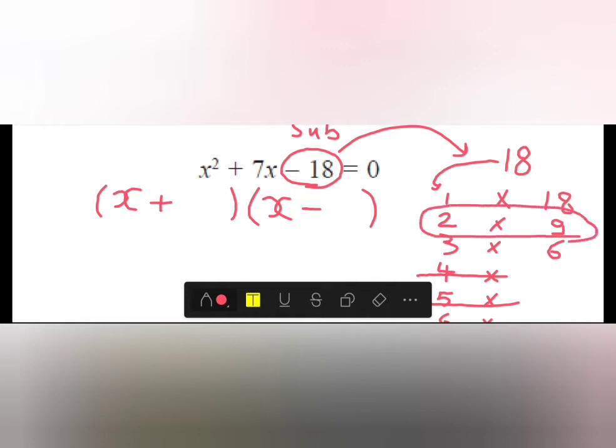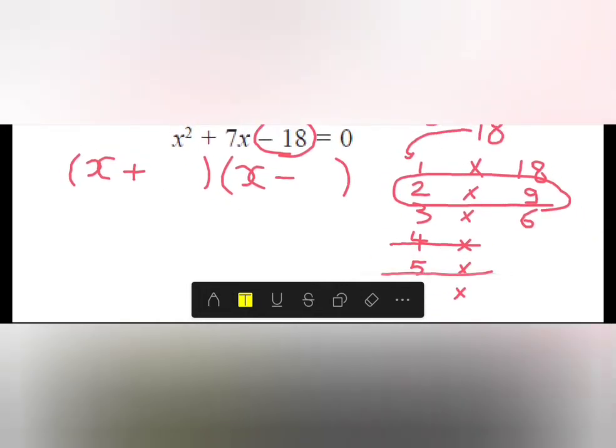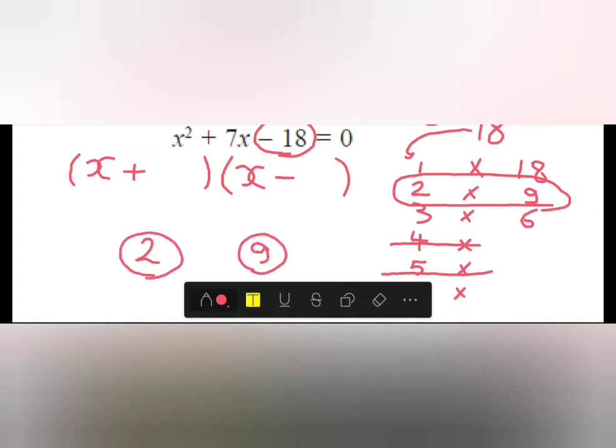Now, I have number 2 and number 9, and I want to use them here. I need to know which place I put the 2 and which place I put the 9. To do that, I need to look at this answer here. The puzzle says if you subtract them, you will get a positive 7. So the answer is positive.